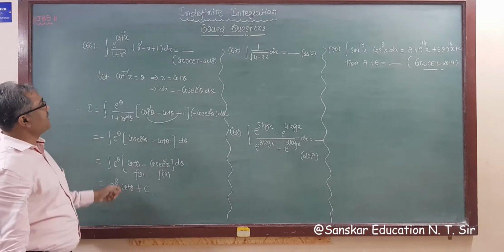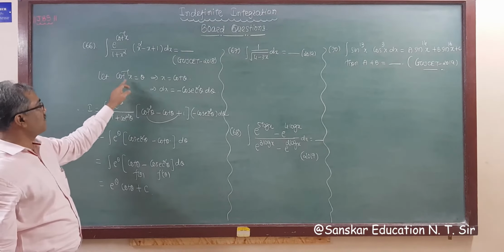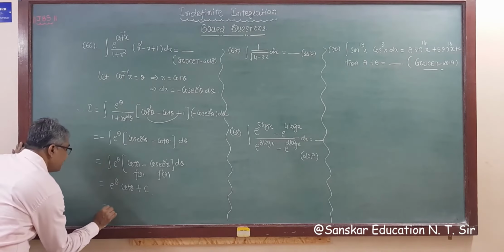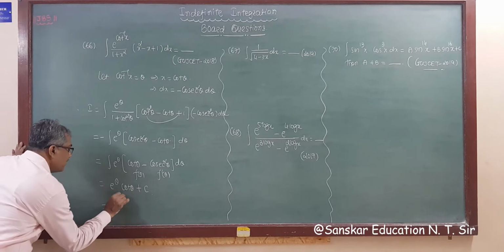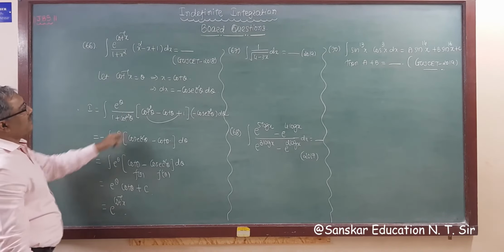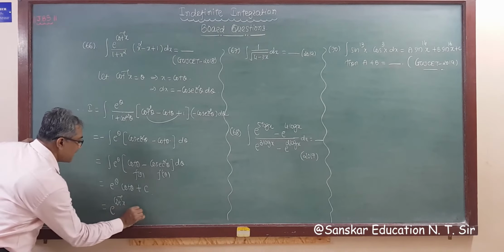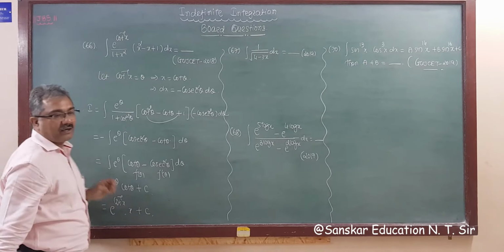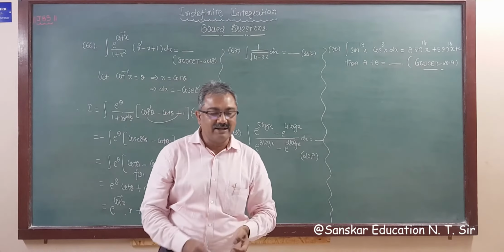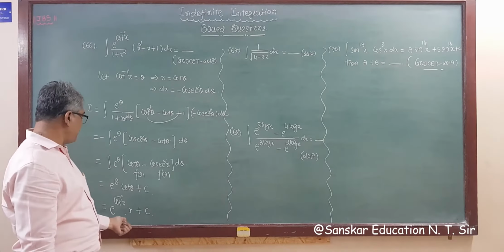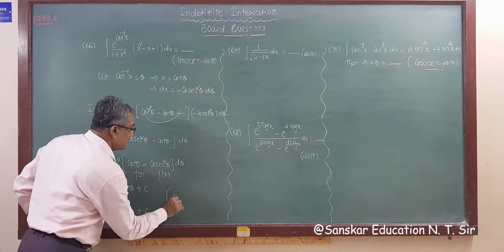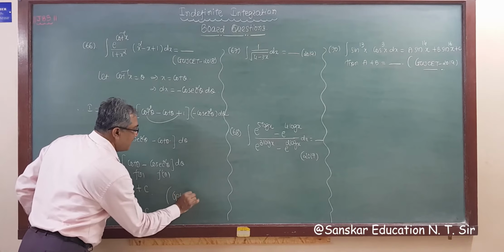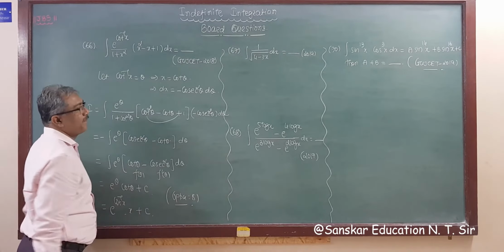Now theta is cot inverse x, so the answer will be e raised to cot inverse x, and cot theta is x, so x plus c. So option B is your correct answer.